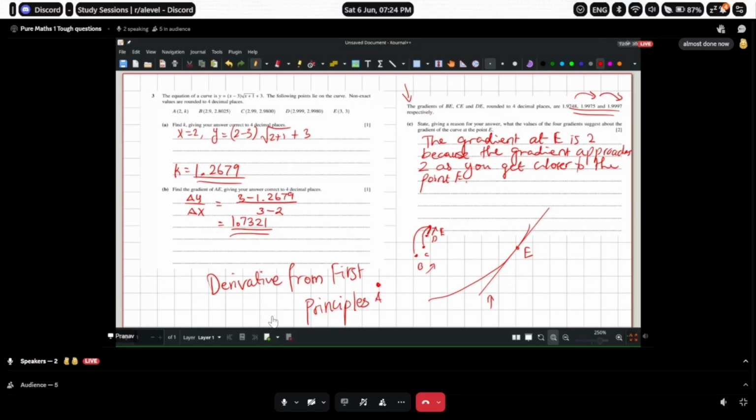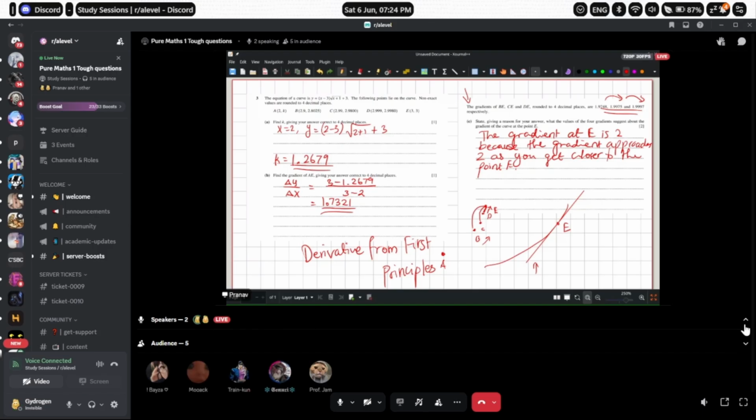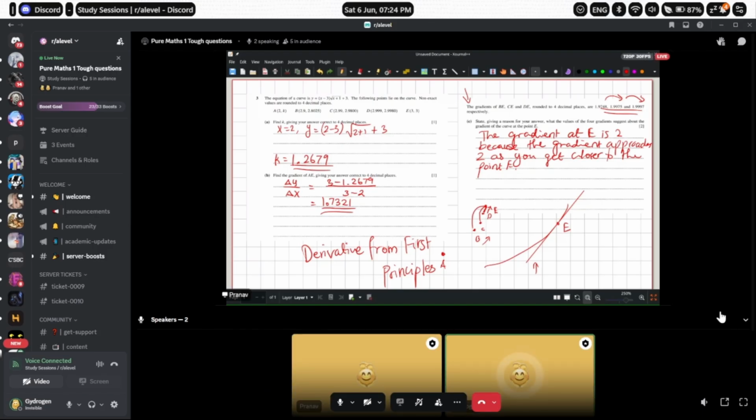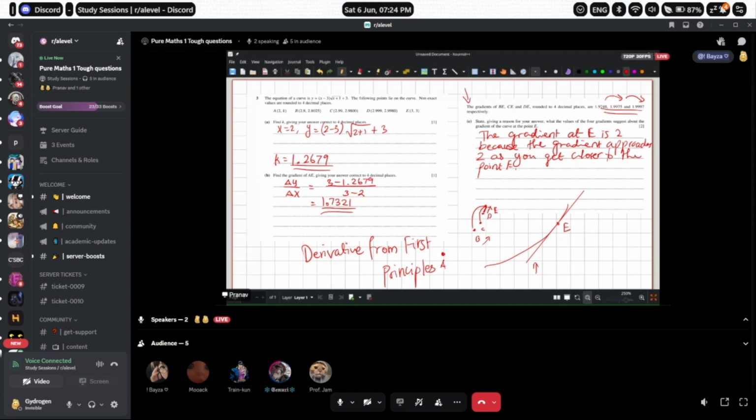Is it alright if we wrap up then? Maybe we'll cover the concept of the derivative, like the actual limit definition.